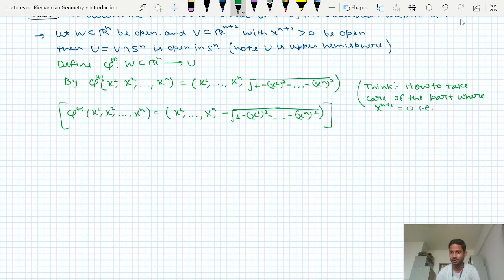That is, if you are on the sphere, this is the equator. This is basically the overlapping part. So what's going on? Think about it. How are you going to take care of that overlapping part? Because I have not included it, but still it is going to be managed.